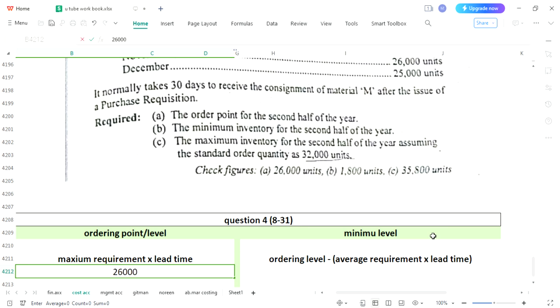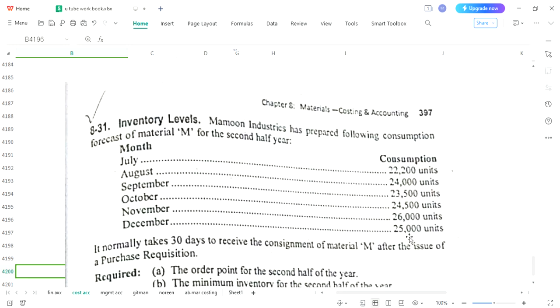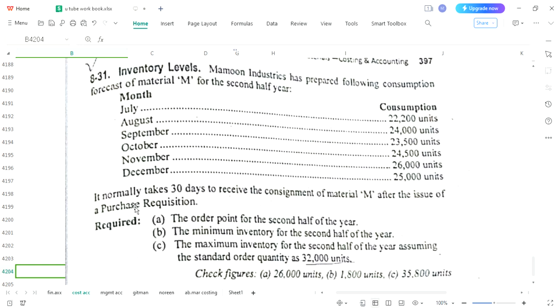Now an important point is, I have told you that when you see these numbers of units required, you must match it with the time needed. And you can see over here, it normally takes 30 days. So here is a conflict. When you see that time has been given in days, the requirement of the question is in months.